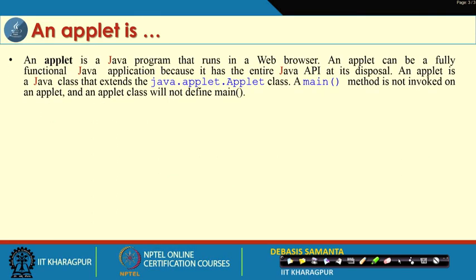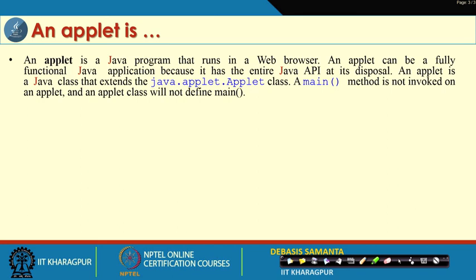Both applet and AWT programming, as I just mentioned, are graphics oriented programming, which is the main difference from core programming. Now, what is the difference between applet programming and AWT programming? As we know, an applet is a Java program which can be executed through a web browser.